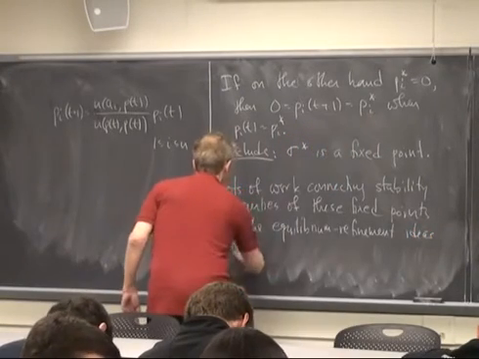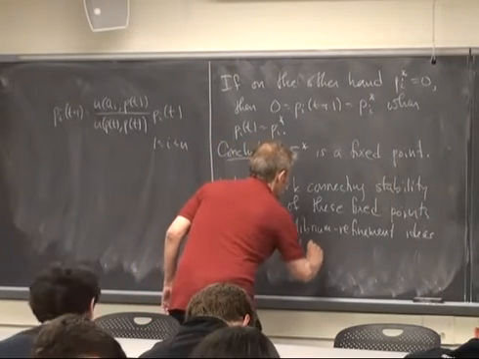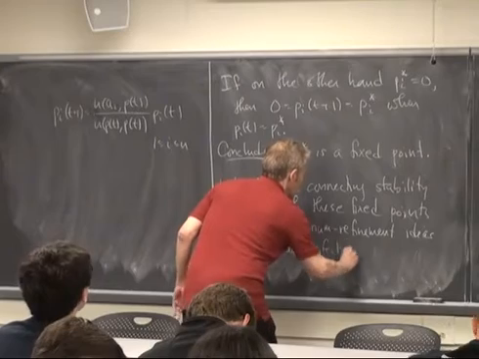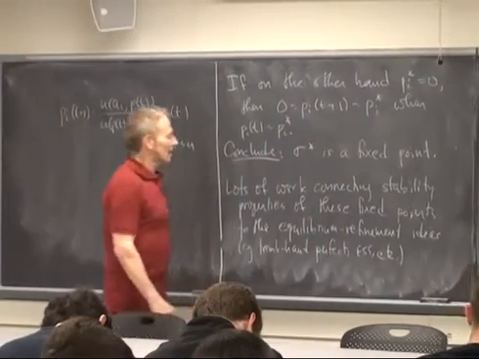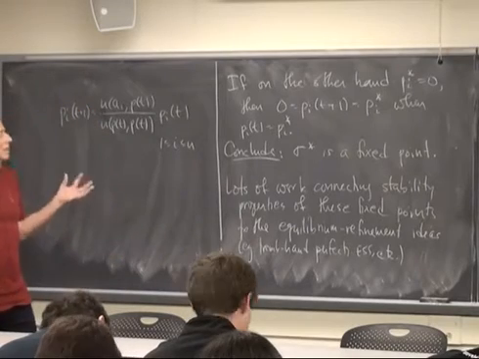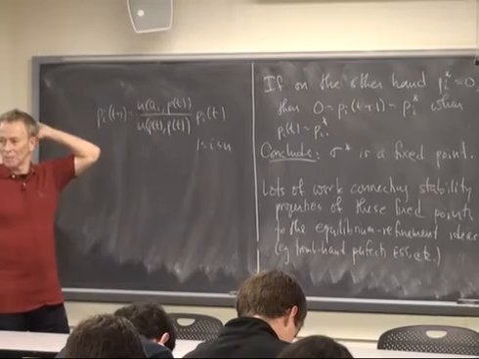For example, trembling hand perfect, ESS, etc. And that's been probably the biggest source of kind of hard mathematical results in the replicator dynamics theory.